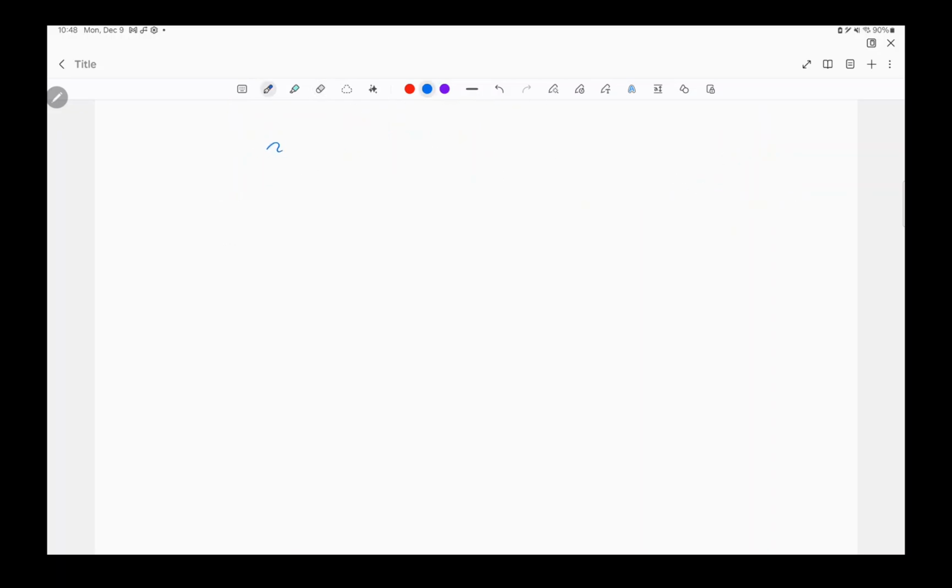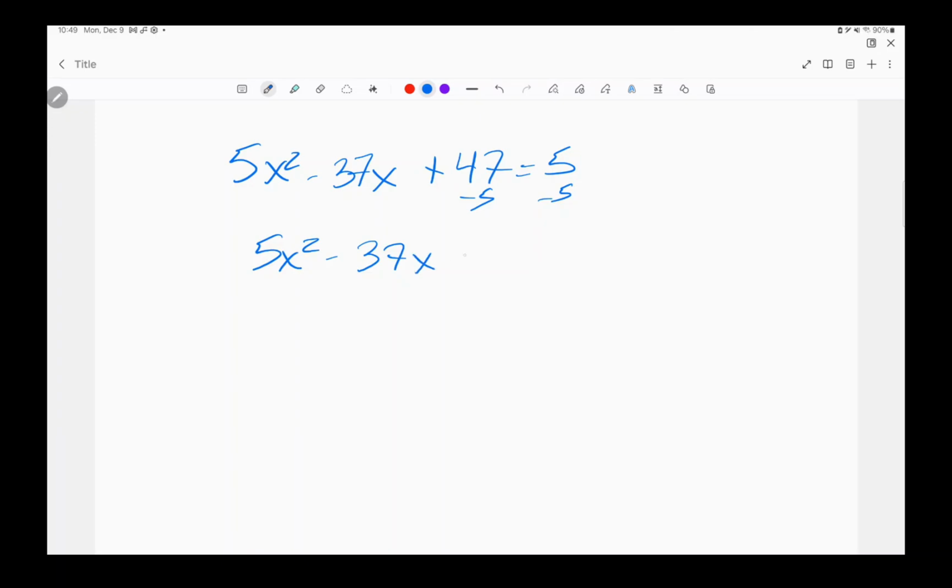So let's say if we cross multiply, we got 5x squared minus 37x plus 47 equals 5. All right. So first thing we want to do is get 0 on one side, because you can't do anything like 0. Okay. So subtract 5, we have 5x squared minus 37x plus 42 is equal to 0.